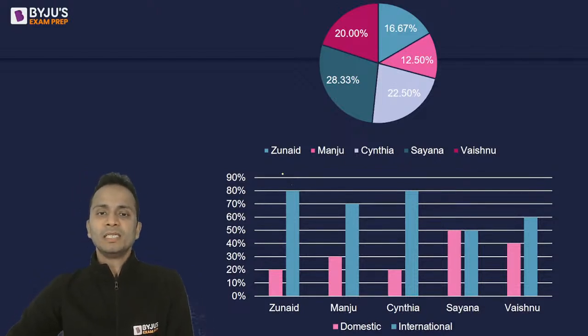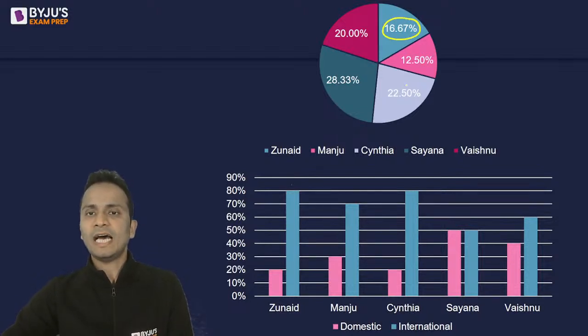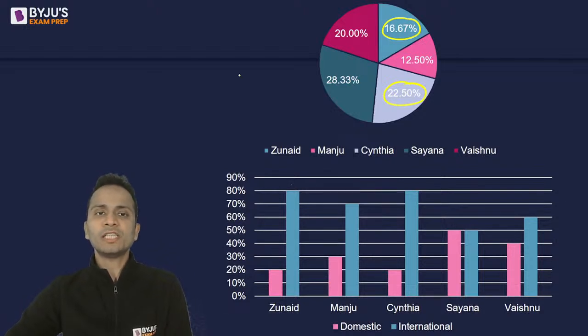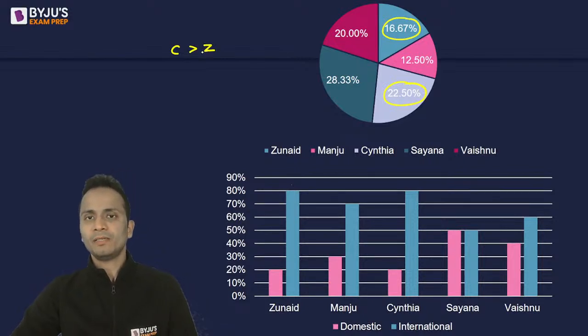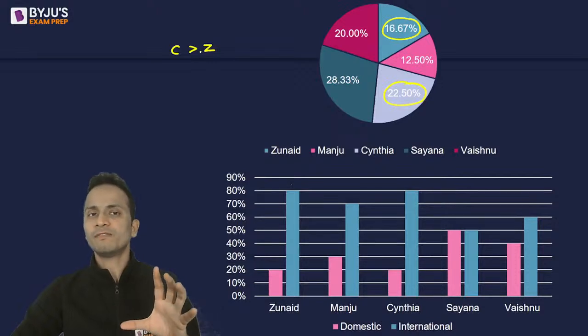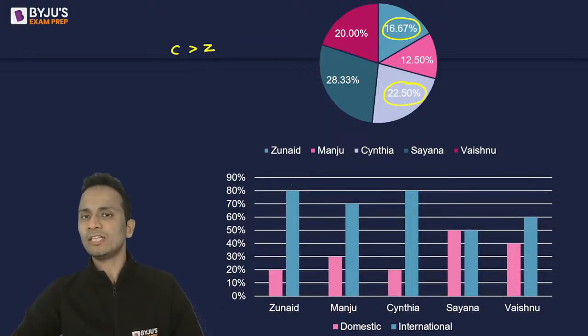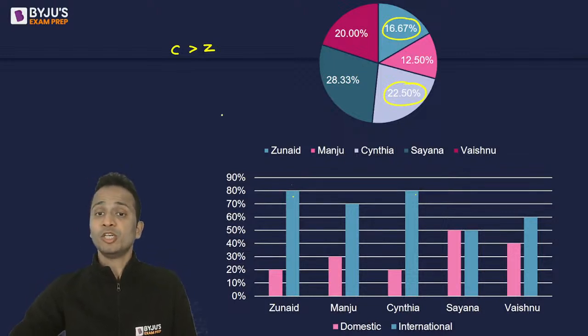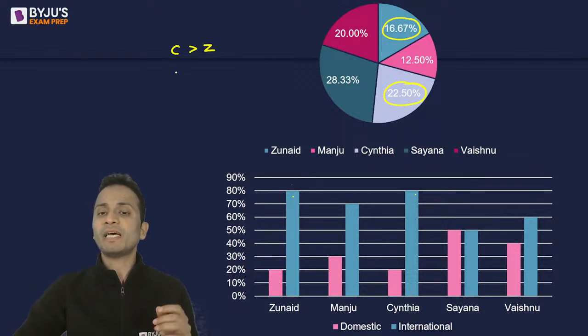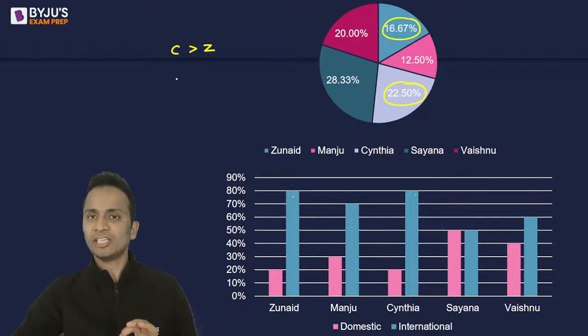Now, comparing Zunaid and Cynthia, I can say that Cynthia has covered more distance than Zunaid in total. Now the percentage breakup for international is the same, so the distance covered by Cynthia will be more than that of Zunaid internationally.